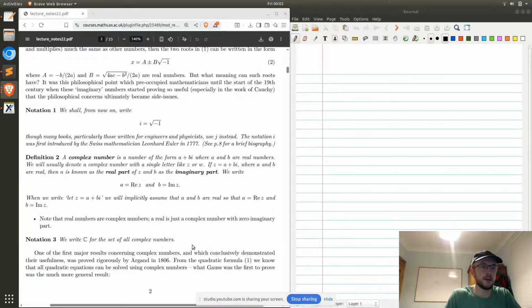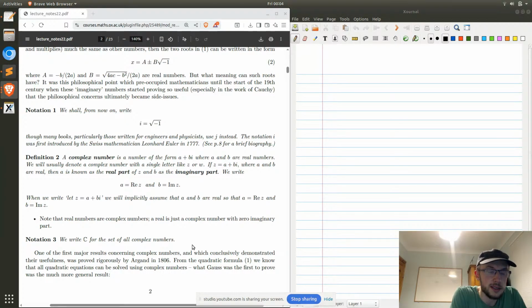Definition 2. A complex number is a number of the form a plus bi, where a and b are real numbers. We will usually denote a complex number with a single letter like z or w. If z equals a plus bi, where a and b are real, then a is known as the real part of z and b as the imaginary part.